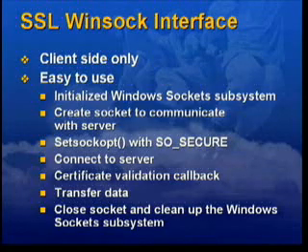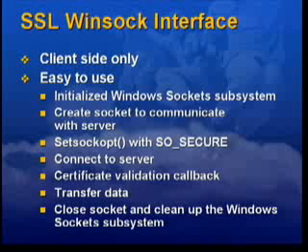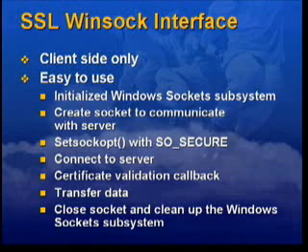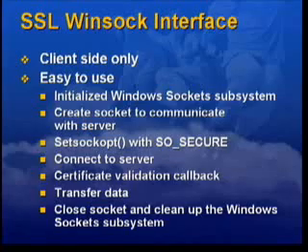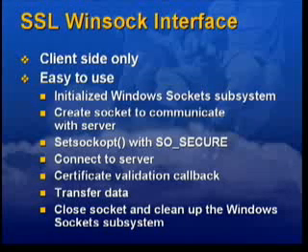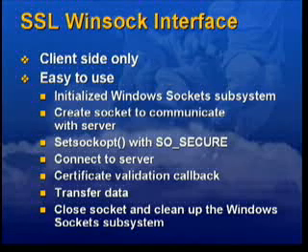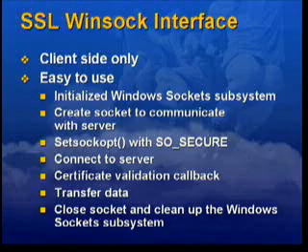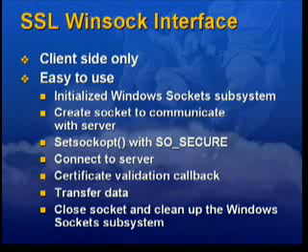You might want to check the name of the certificate, or you might want to deny particular certificates from a particular company. You can do that, so you have some flexibility there. At that point, you're ready to transfer data. Whatever data you transfer on the SSL connection is encrypted. Then you can close the socket and clean up the Windows socket subsystem.